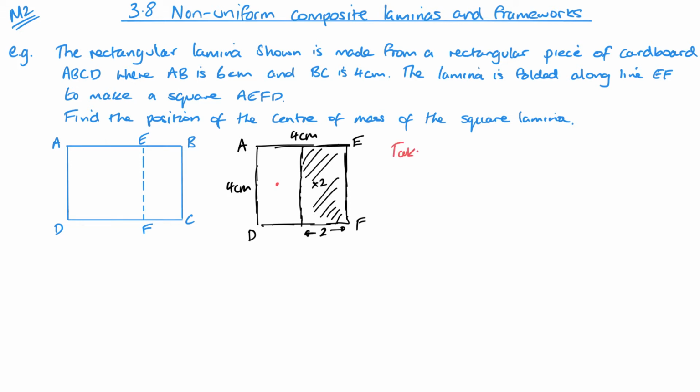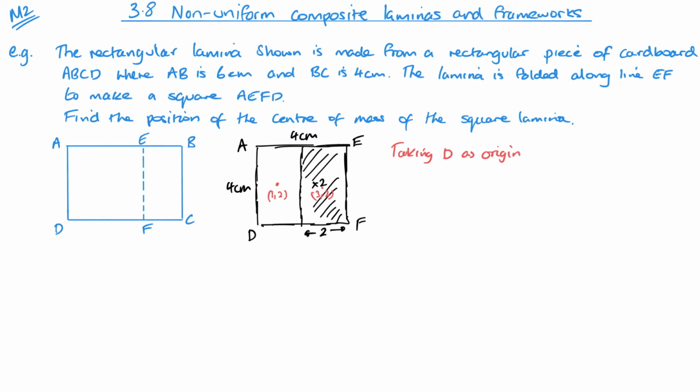Normally we say that DF lies on the x-axis, AD lies on the y-axis, but I'm just going to get straight into it. So the center of mass for this one is going to be 1 across 2 up, isn't it? And in this shape, it's going to be 3 across 2 up.